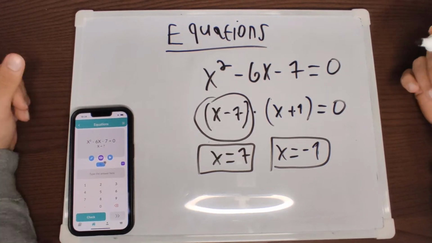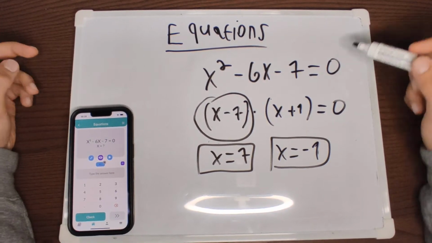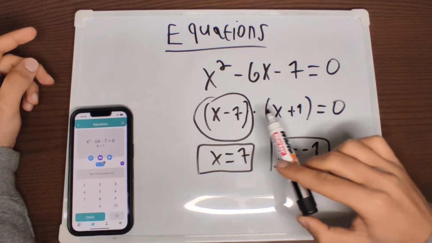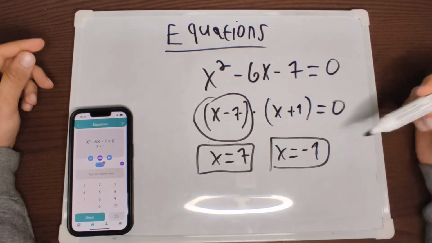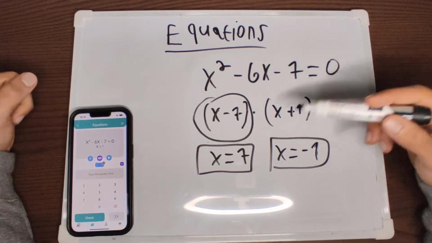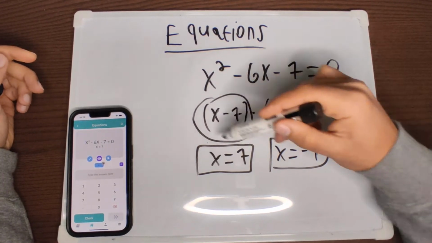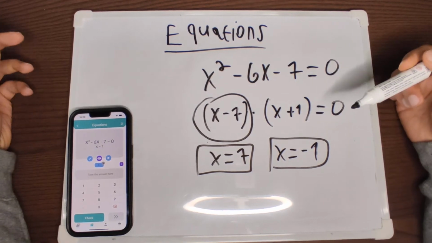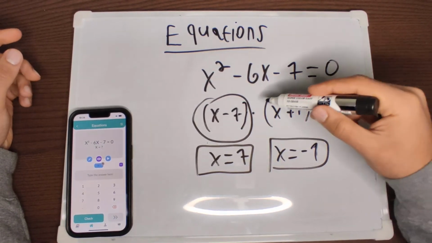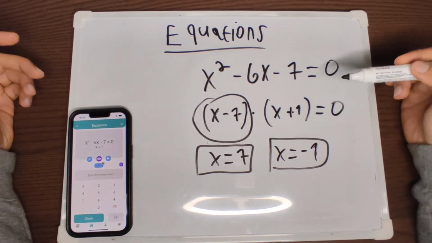I want to go over it again. When we have two elements where we multiply them together, if any of them is 0, then all the expression becomes 0, because 0 times everything is 0.